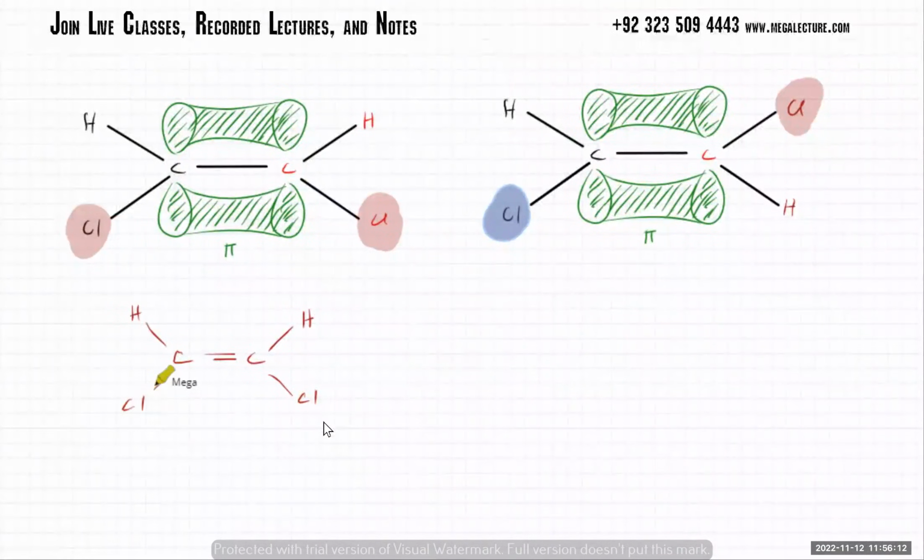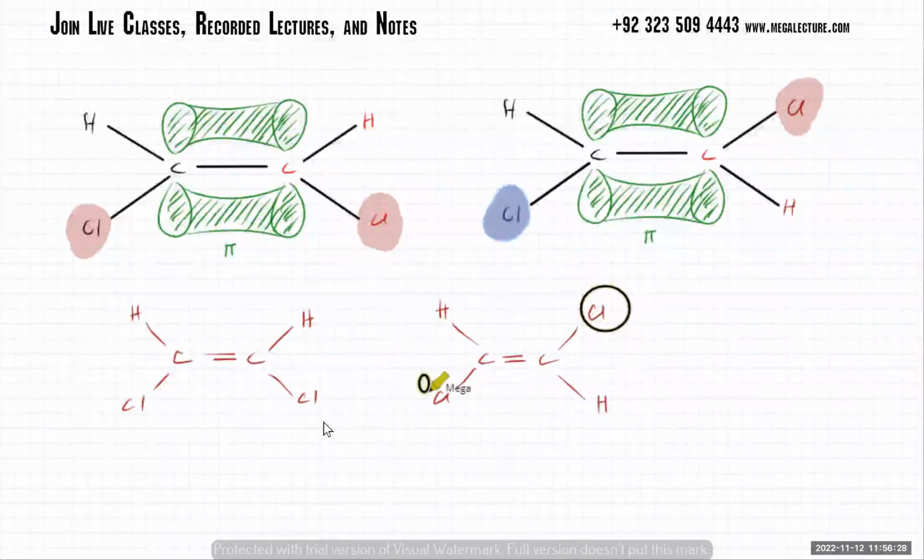And you've got a Cl, and over here you've got another one, which is, so the Cls are pointing away from each other. The Cls are pointing in the same direction. Okay, so two different versions.